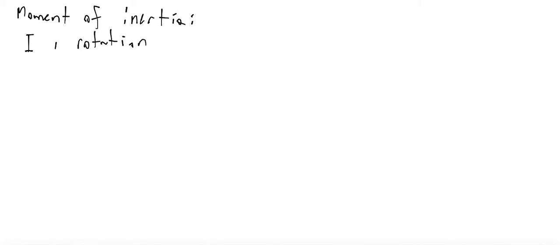Moment of inertia. You can write this as a topic. Okay, what is a moment of inertia, what is the equivalent of moment of inertia, and how to calculate moment of inertia. Moment of inertia has the symbol I, and is related, again, to rotation. Its unit is kilogram times squared meter.